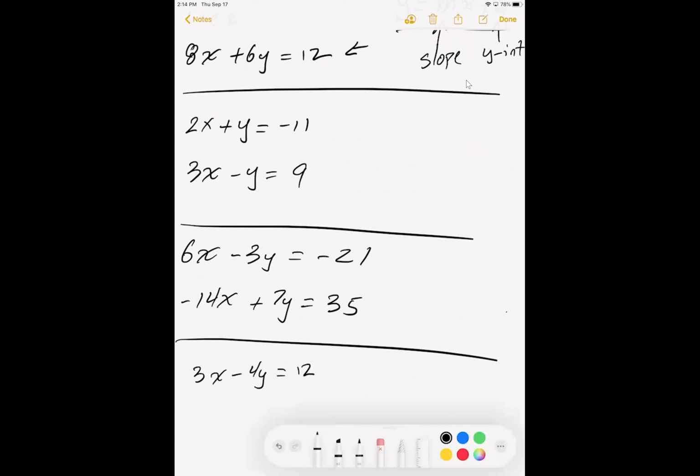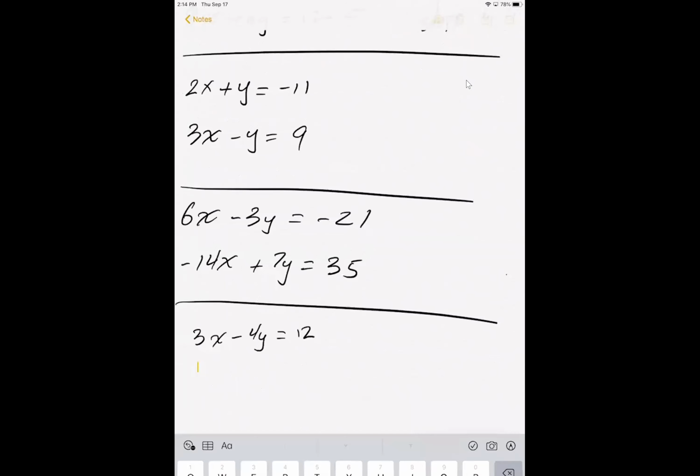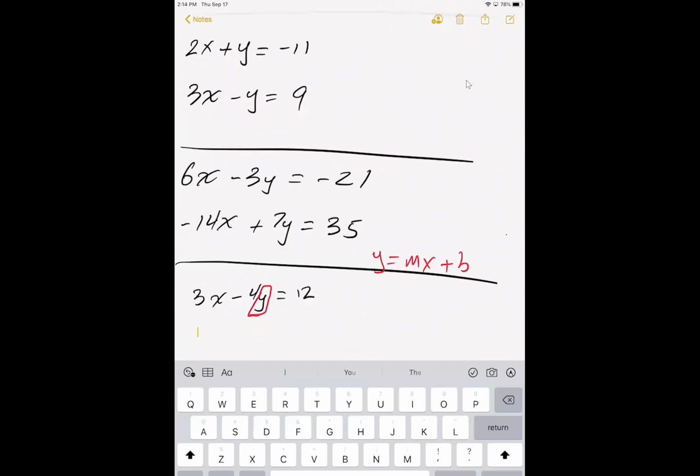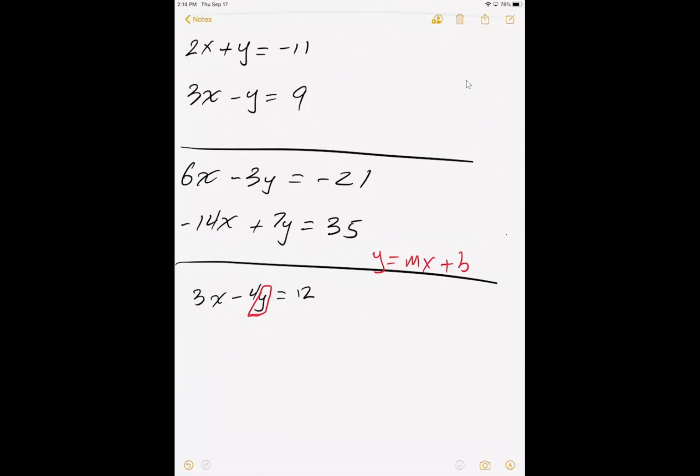If you remember from yesterday, because of our slope-intercept form, which is y equal to mx plus b, our goal is to get y by itself. So to get y by itself, we need to get 3x to the other side.